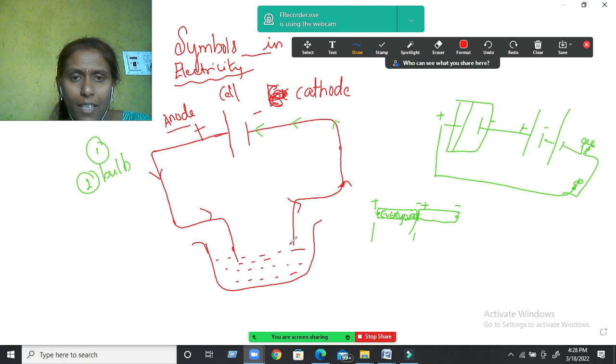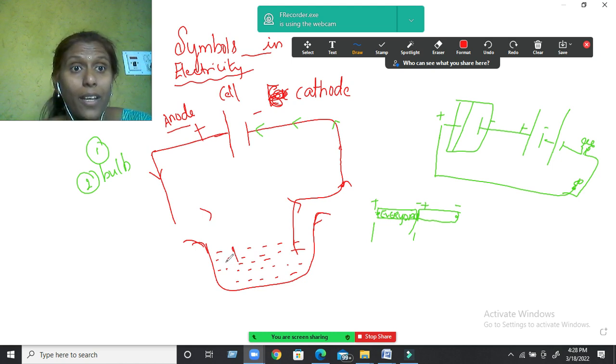These ends are touching the water. They are not completely immersed, of course they are submerged, I can say. This is the water, and we got to know that the water inside starts boiling, right?